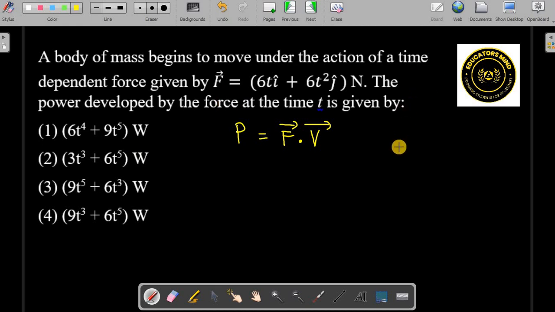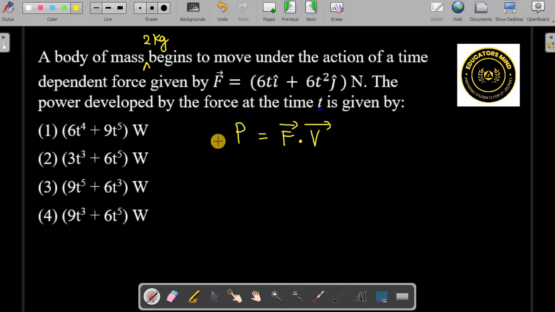From force you will get mass into acceleration. In this question the value of mass is 2 kg. Force is given, velocity we have to calculate, right?